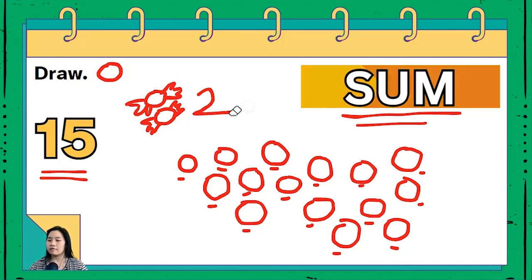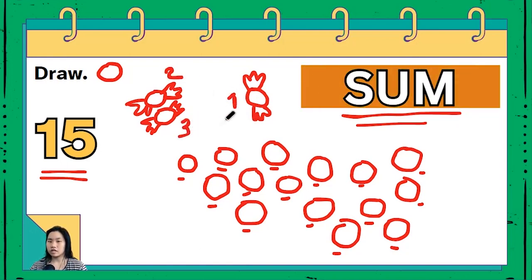Now you have 1 candy. That's you, your candy, and your friend has 2 candies. What is the sum of the candies that you and your friend have? 1, 2, and 3.